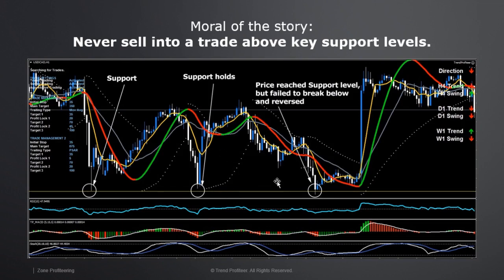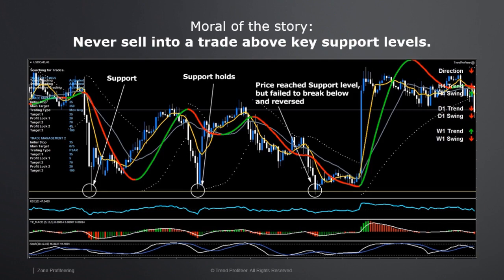So you don't want to get into sell trades. Let's say if there was a sell trade here, or here, or here. You definitely don't want to be getting into sell trades that are close to support levels.